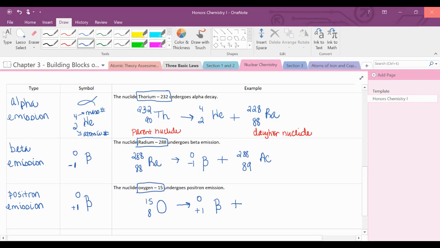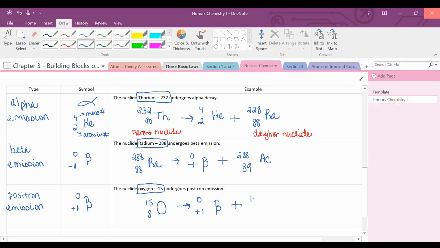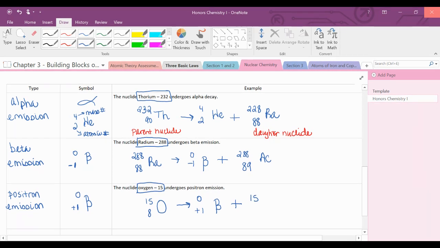And then we're going to determine the nuclear symbol of the daughter nuclide. So again, if I take the mass number of my parent nuclide and I subtract the mass number of my particle, this is going to give me the mass number of my daughter nuclide.